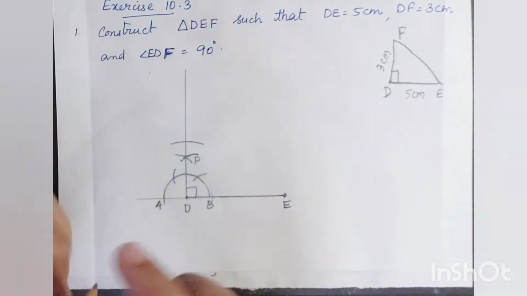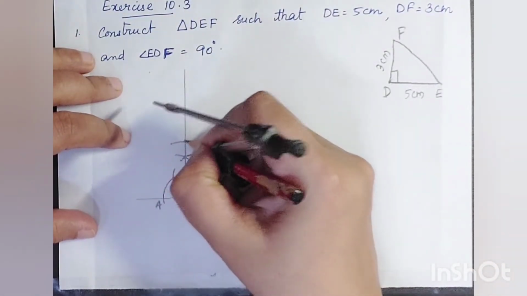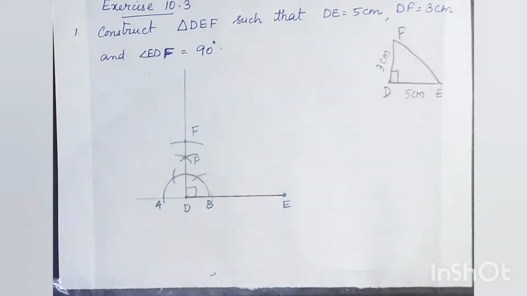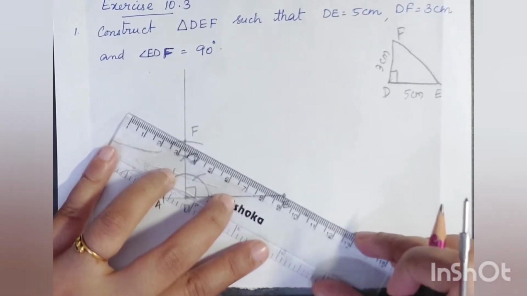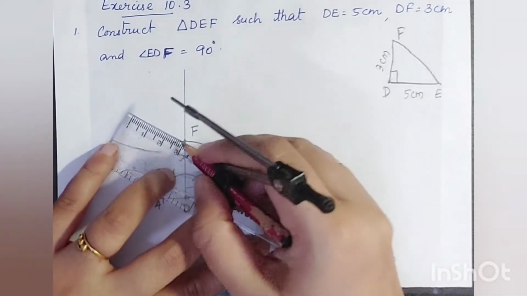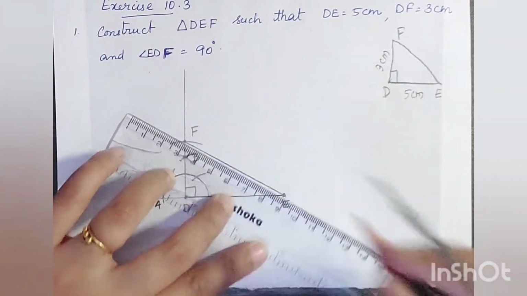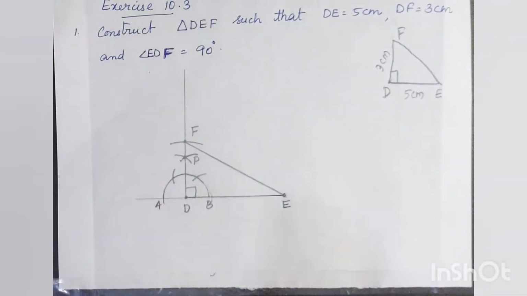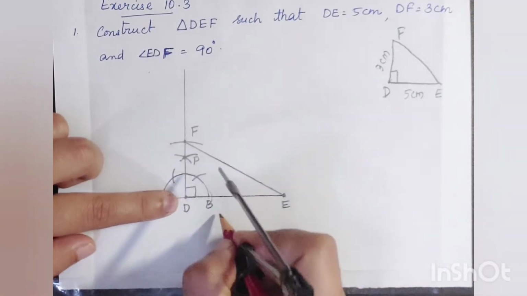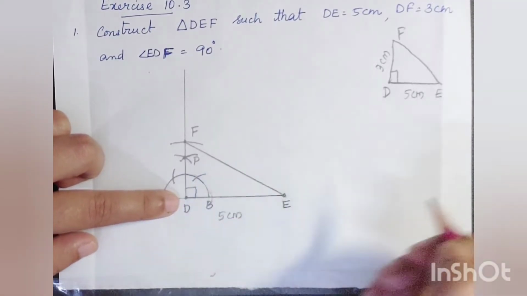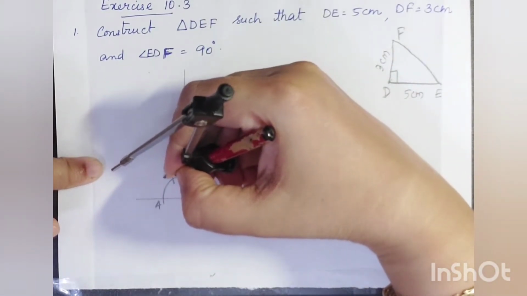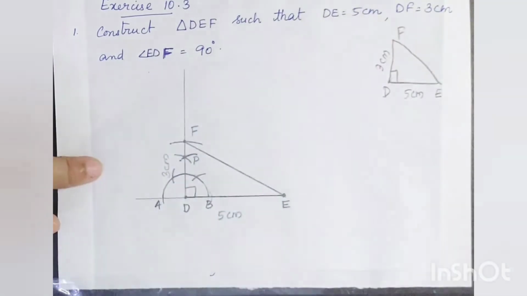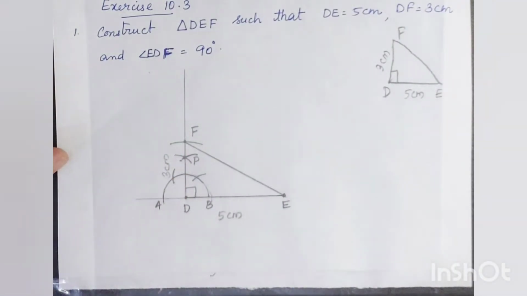Okay, this point is F. Okay, now join F and E. Okay, now this is our triangle. Here DE is equal to 5 centimeter and DF is equal to 3 centimeter. Okay, so this is our triangle. So clear with the construction?